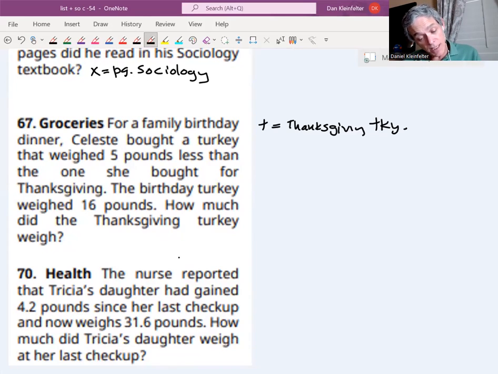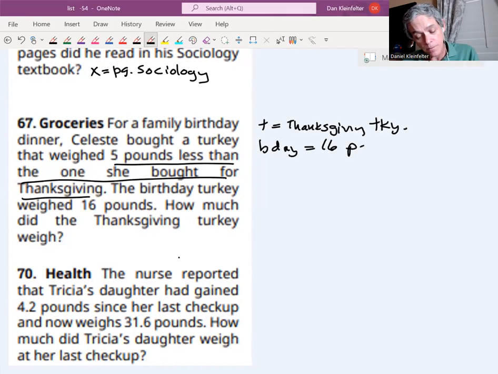Okay, so now it says Celeste bought a turkey that weighed 5 pounds less than the one that she bought for Thanksgiving. The birthday turkey was 16 pounds. So the birthday one was 16 pounds, and the one for the birthday was 5 pounds less than the Thanksgiving one.